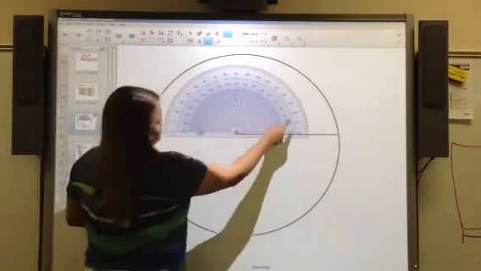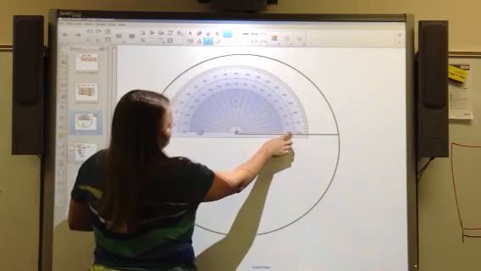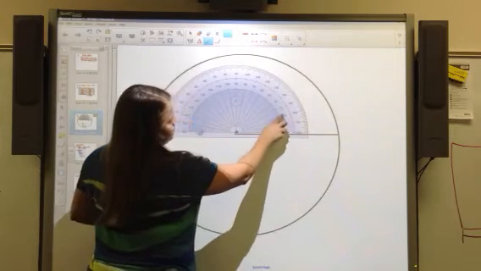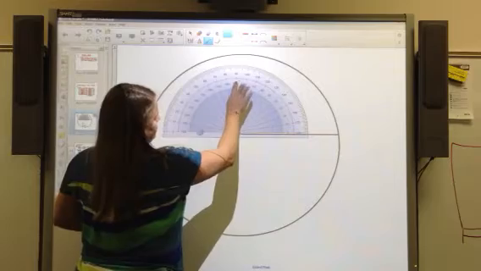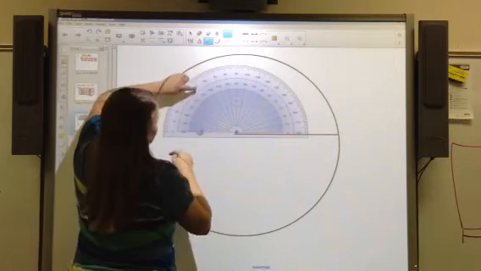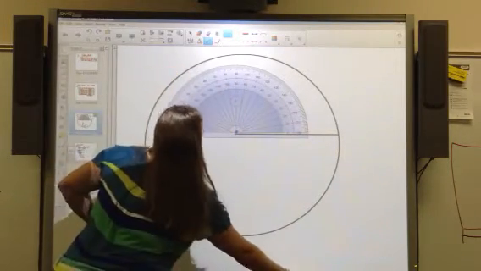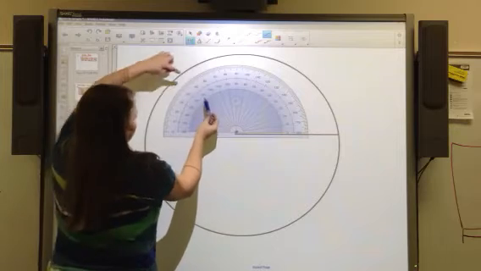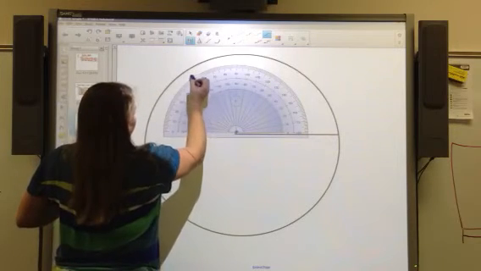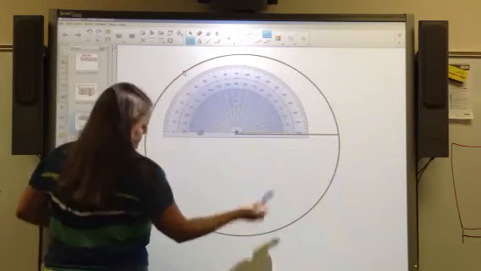So I'm going to look at my circle graph, and I can see this is 0, 10, 20, 30, 40, 50, 60, 70, 80, 90, 100, 110, 120, 130. Well, I don't need 130, but I do need 128, which I know is right by 130, which is roughly right there.